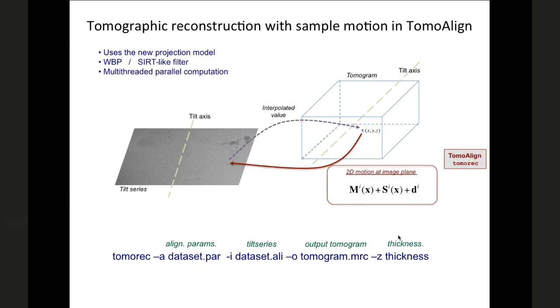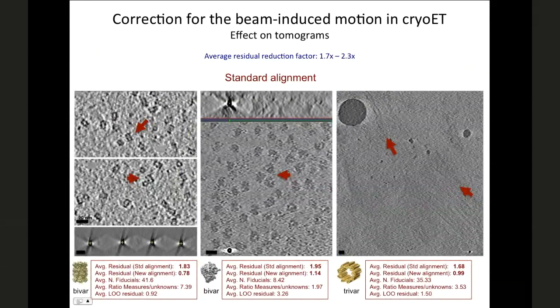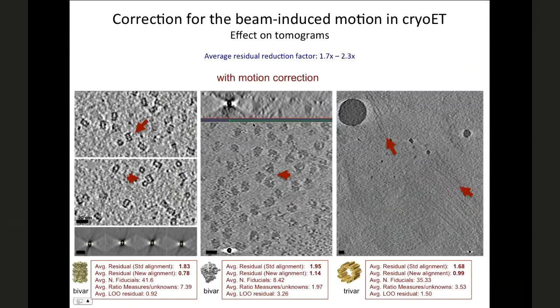Okay, so now let's see some examples. These are slices from a standard tomogram, from a standard alignment. Here, purified proteasome, purified ribosomes, basal body: two examples of thin samples, one thick sample. There are some gold particles here, and now let's switch to with motion correction.